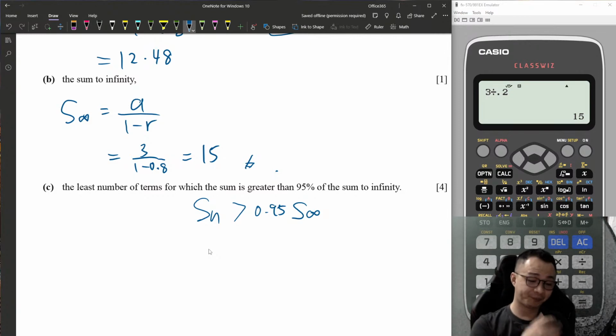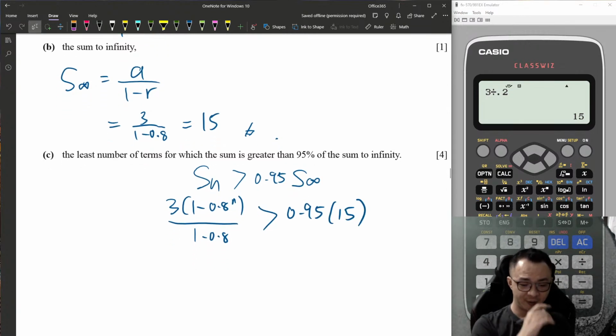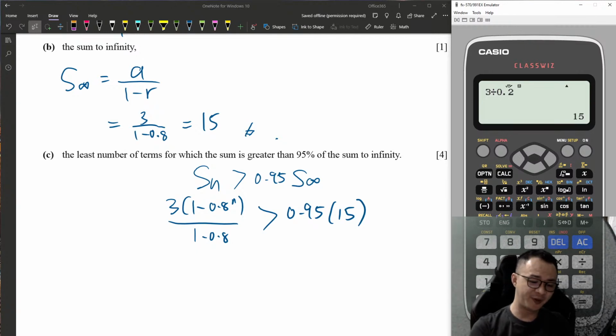So yeah, let's do it. a times 1 minus r, 0.8 to the power of n, over 1 minus 0.8, which is 0.2, bigger than 0.95 multiplied by 50. Okay, I hope no careless mistake for me. 3 divided by 0.2, 50.